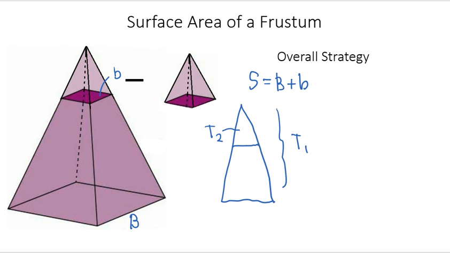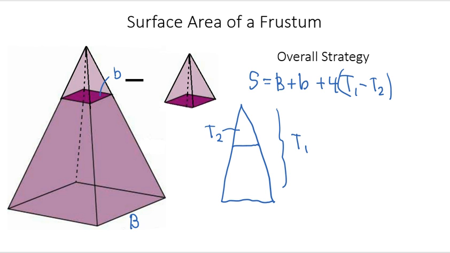To find the surface area of one of these sides, it is T1, the area of the entire triangle, minus T2, the area of the smaller triangle. But I've got 4 of those, so I'm going to multiply that by 4.